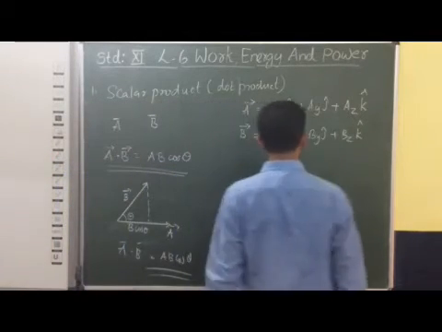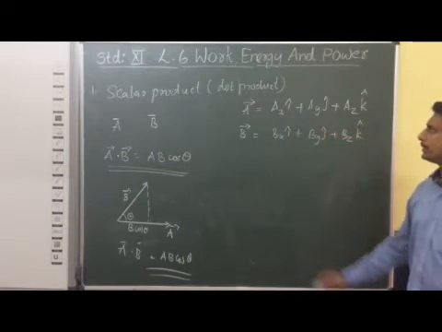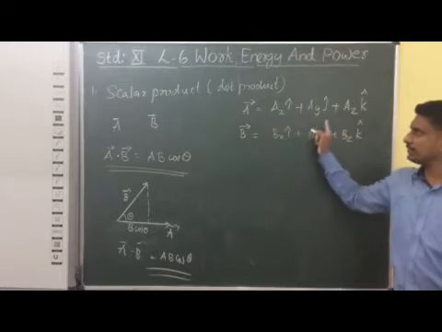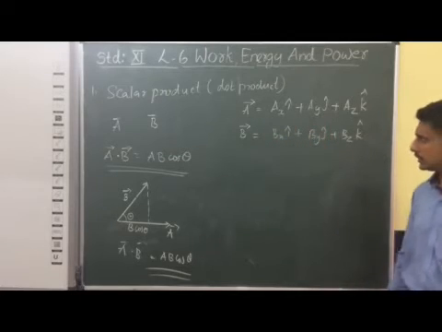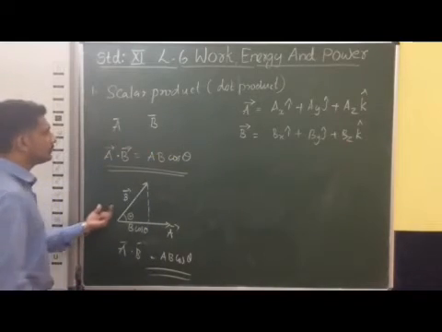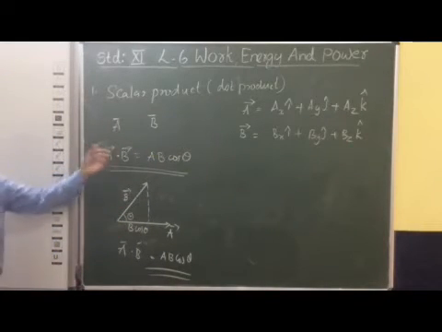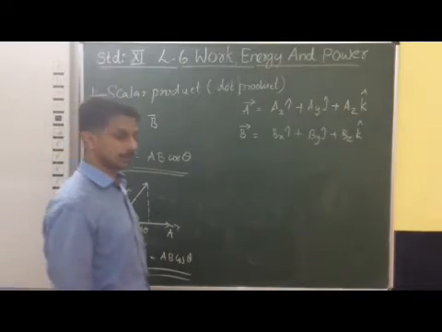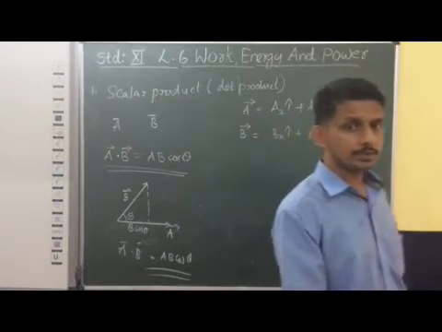Now, considering these two vectors A and B component-wise, this is the way we represent vector A and this is the way we represent vector B. One more thing to understand about the scalar product or dot product concerns unit vectors. Do we remember what unit vectors are?